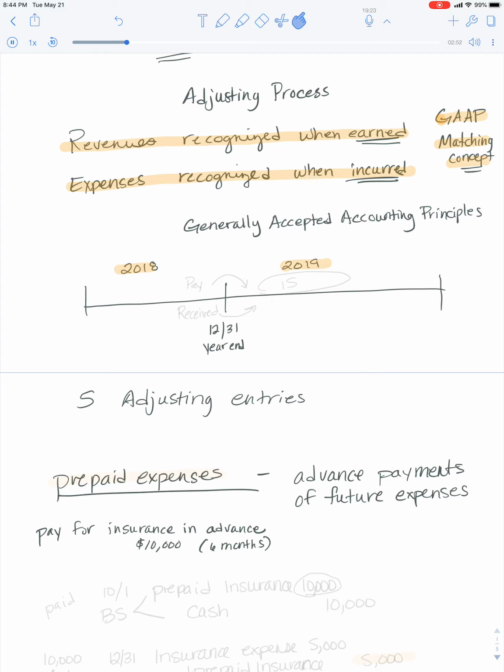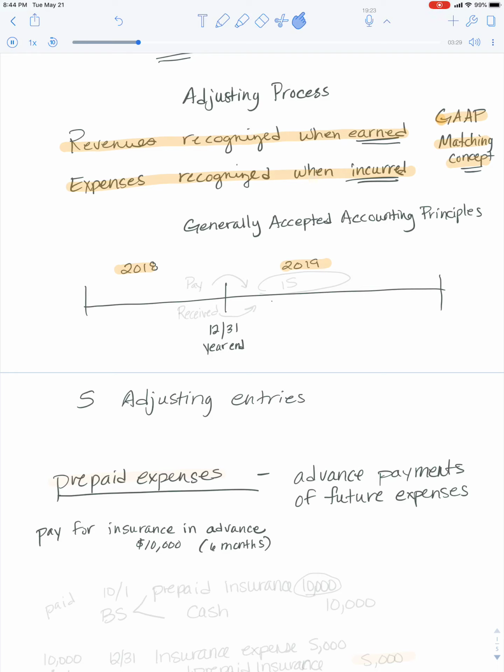So the adjusting process is partly because, just because we paid cash for it in 2019, we're trying to get it to show up on our income statement in 2018 rather than 2019 when we actually pay for it. Or cash might be received in 2019, but we actually earned it in 2018, so we are going to go ahead and adjust in 2018 to recognize it on our income statement in 2018 instead of when we actually received the money in 2019.